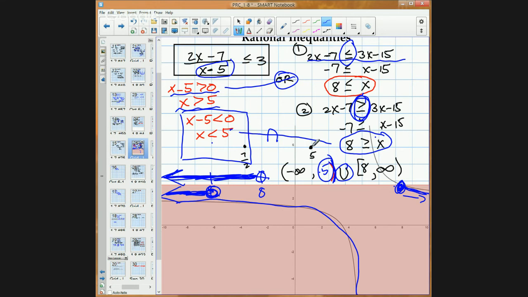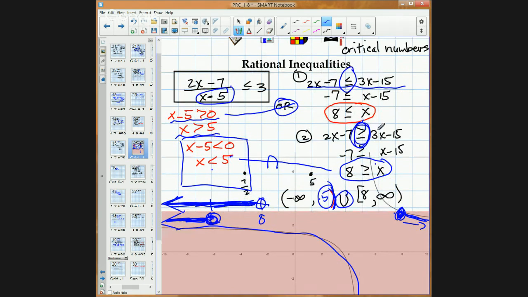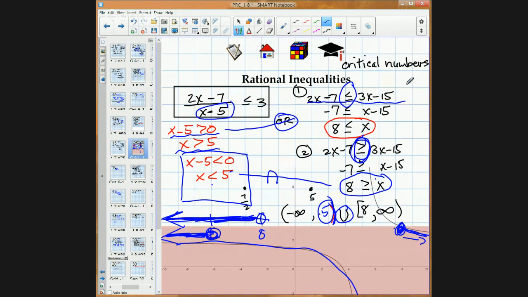I know these are kind of complicated. Let me just recap. When you have a rational inequality, you use the same old algebra techniques. You multiply both sides by the denominator, and you assure that the denominator can't be 0. And when you multiply both sides algebraically by something, you have to know if it's positive or negative. And the problem with x minus 5 is you can't tell.